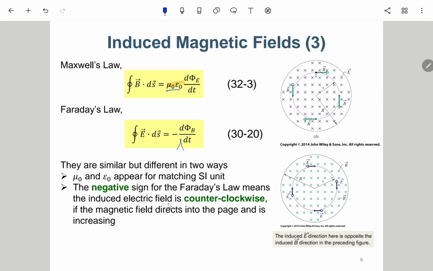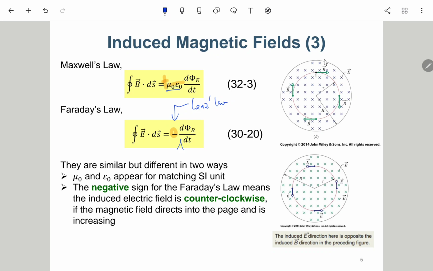Okay, so for the next point, the negative sign for Faraday's law means the induced electric field is counterclockwise if the B field is directed into the page and is increasing. 所以这个负号另外一个不同的地方是这里是正号，这里是负的，这个就是我们知道的 Lenz law，那就是有个负号。So for the bottom case, if the B field is pointing into the page and is increasing, the induced E field is counterclockwise.